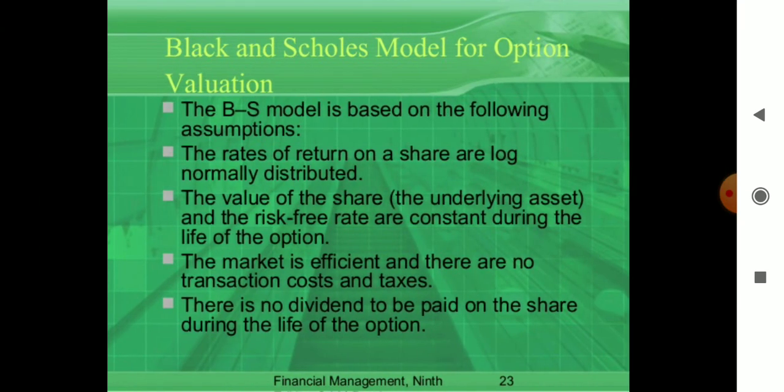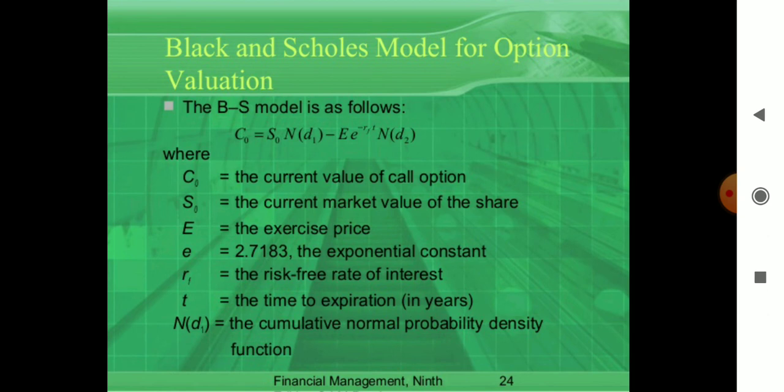Then we have the Black-Scholes model. Now in the Black-Scholes model, you will have a big formula. The formula is C0 = S0 N(d1) - E e^(-rt) N(d2). This is the formula you will have to apply.